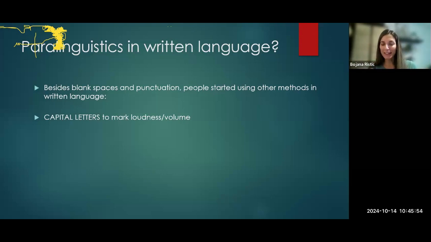When you write everything in capital letters, or you want to accentuate, so you're adding pitch or stress or some kind of loudness to a certain word when you use capital letters. People use a lot of dot dot dot to mark these pauses or hesitations.